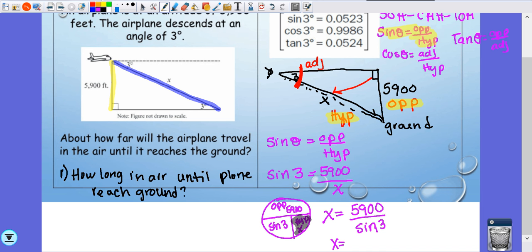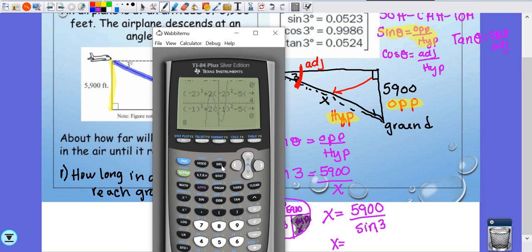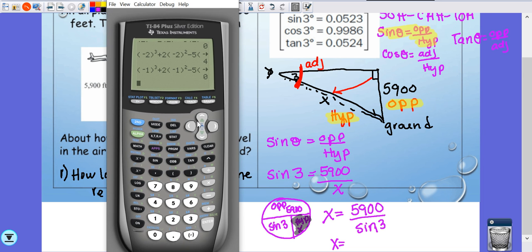Let me make sure I did that right. Yeah. Let me double check with my other calculator to make sure. I'm just using more tools to make sure I have it right.